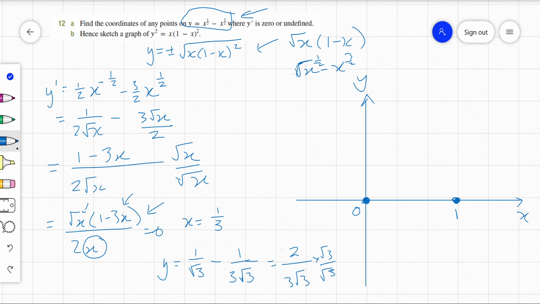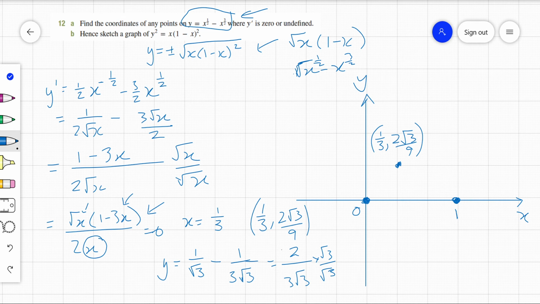So this point, 1/3, 2 root 3 on 9, is a stationary point because y dash equals 0 at that point. So let's say that is about here. All right, so that's going to be my 1/3, 2 root 3 on 9.